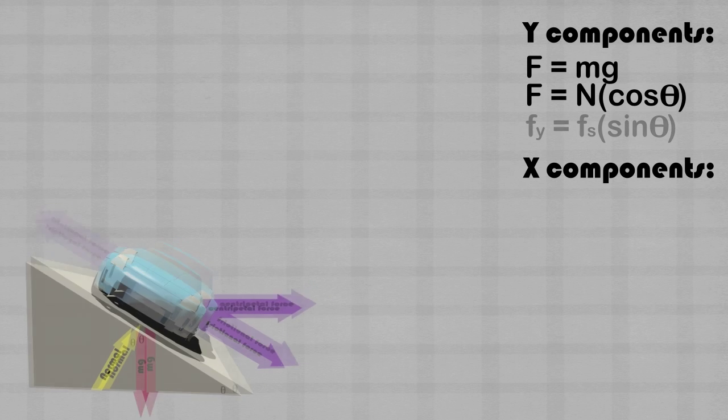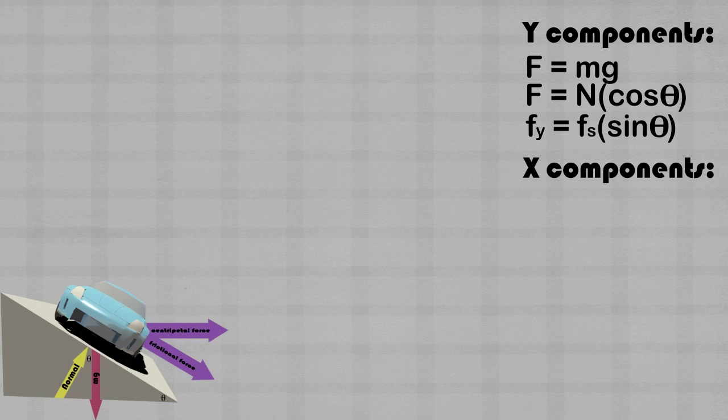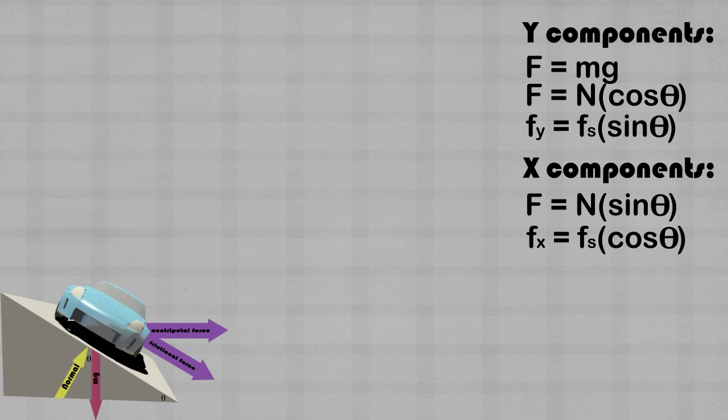Notice that in this diagram, the direction of the frictional force has flipped to oppose the outward motion of the car. Its sign will change in our equations.